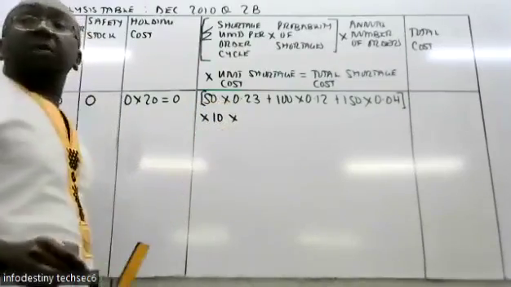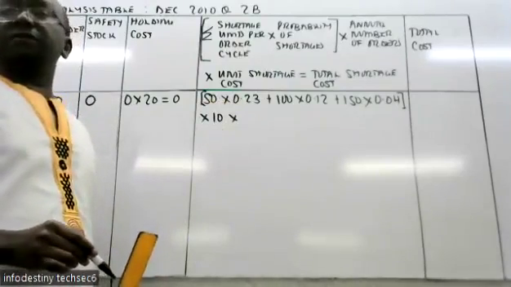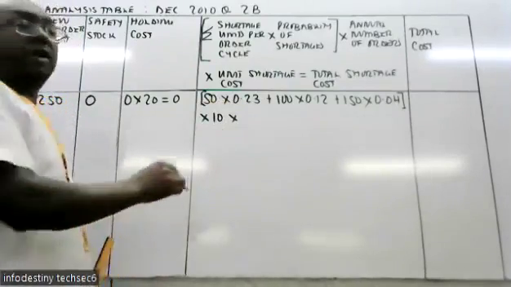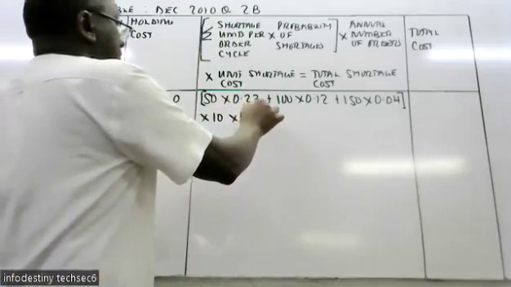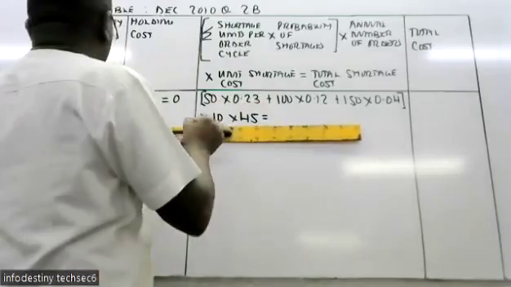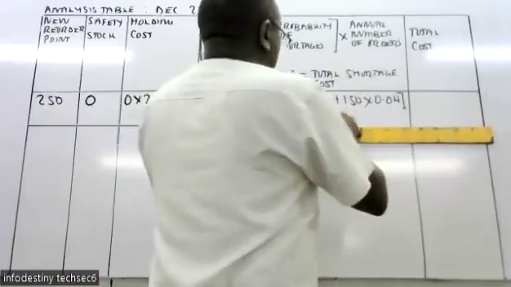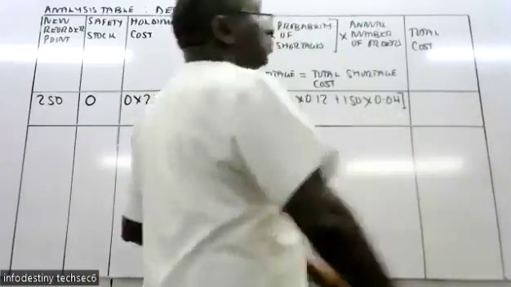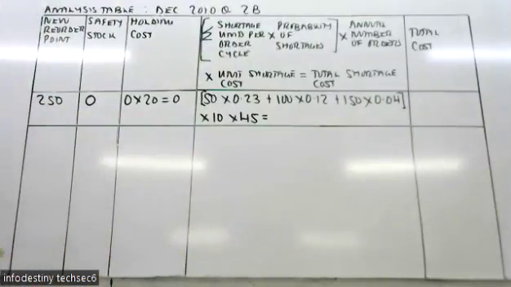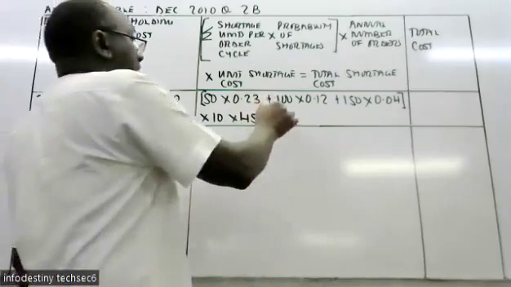And the shortage cost tulipata ilikuwa 45 or 35. Yeah, 45, eh? $13,275.